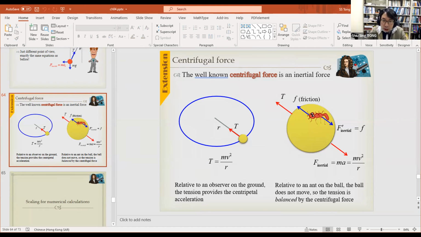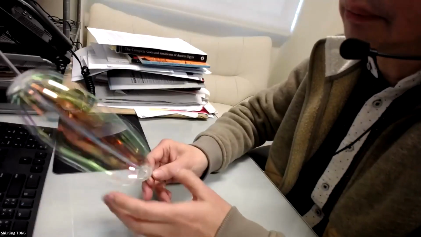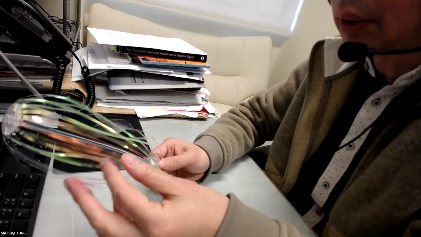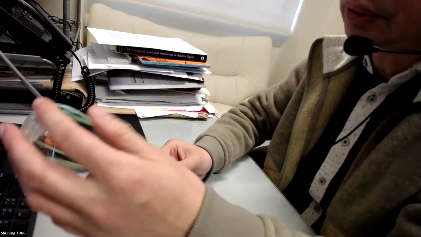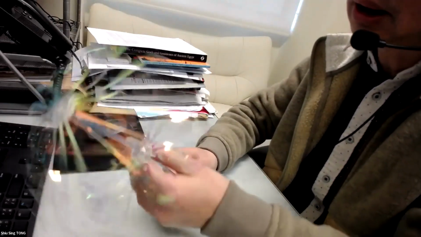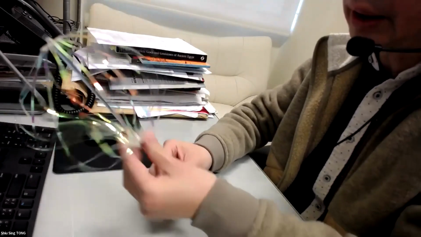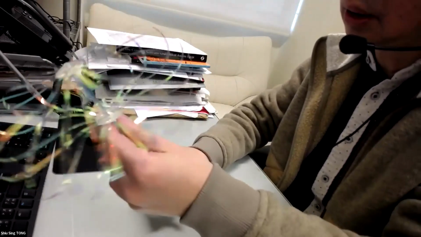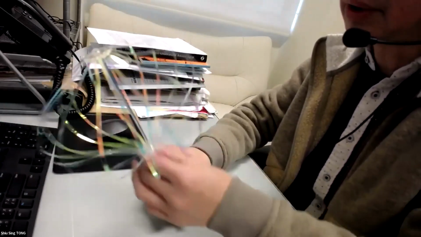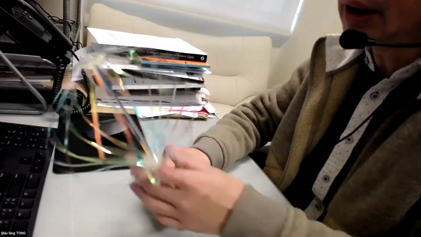Now, I have an interesting example of centrifugal force that you might find interesting. Let me show you a demonstration of that. Here we have some very thin strips tied to a rod, and the base of the strips can be varied smoothly.